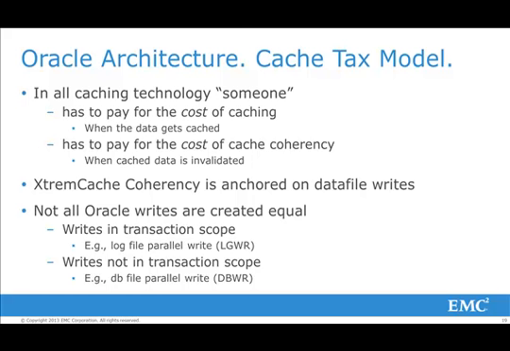Again, I've already mentioned DB file parallel write. And the most critical goal in making a high performance cache to accelerate Oracle is, well, never tax these. So I've already mentioned that redo has nothing to do with XtremCache, and therefore, for free, we don't tax the most critical IOs that happen in OLTP.